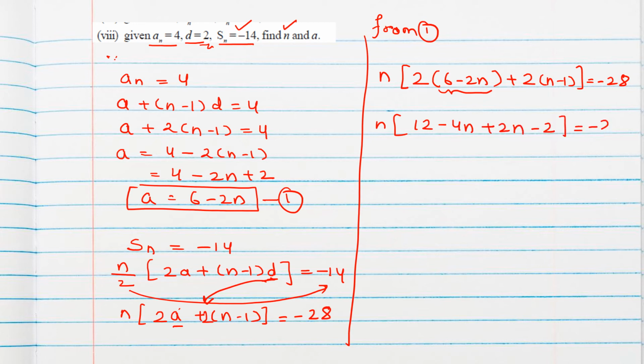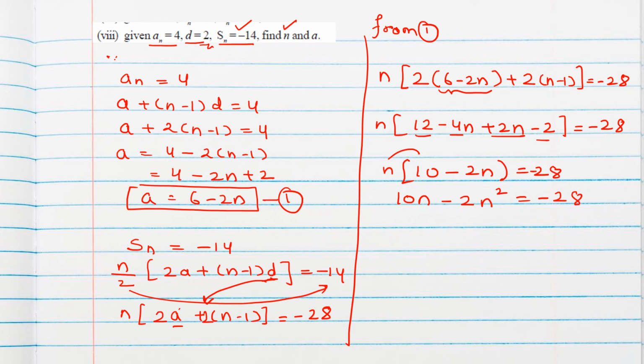We can add and subtract like terms inside the bracket. So 12 minus 2 is 10, minus 4n plus 2n is minus 2n. Now we can open the bracket with n: 10n minus 2n square equals minus 28.